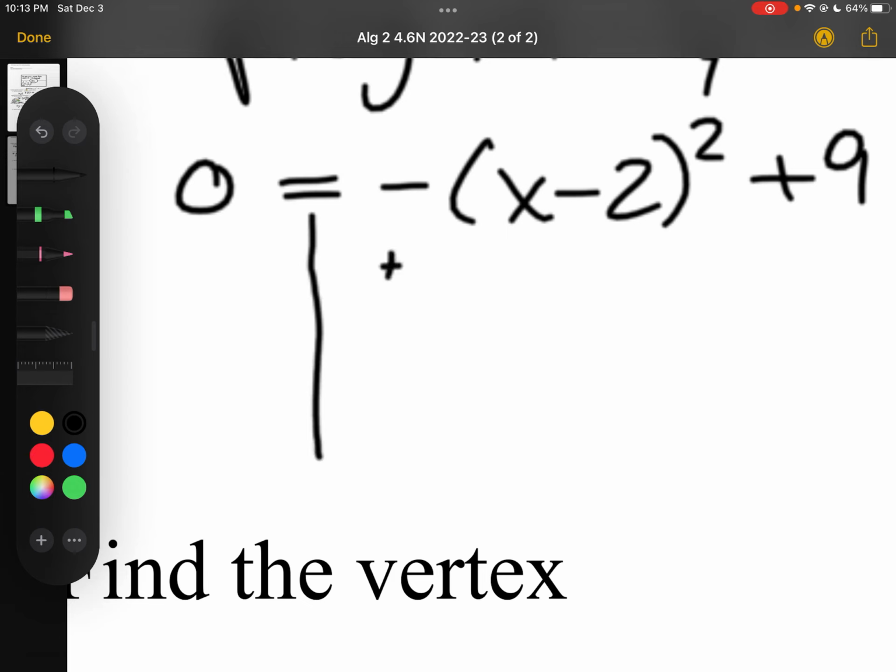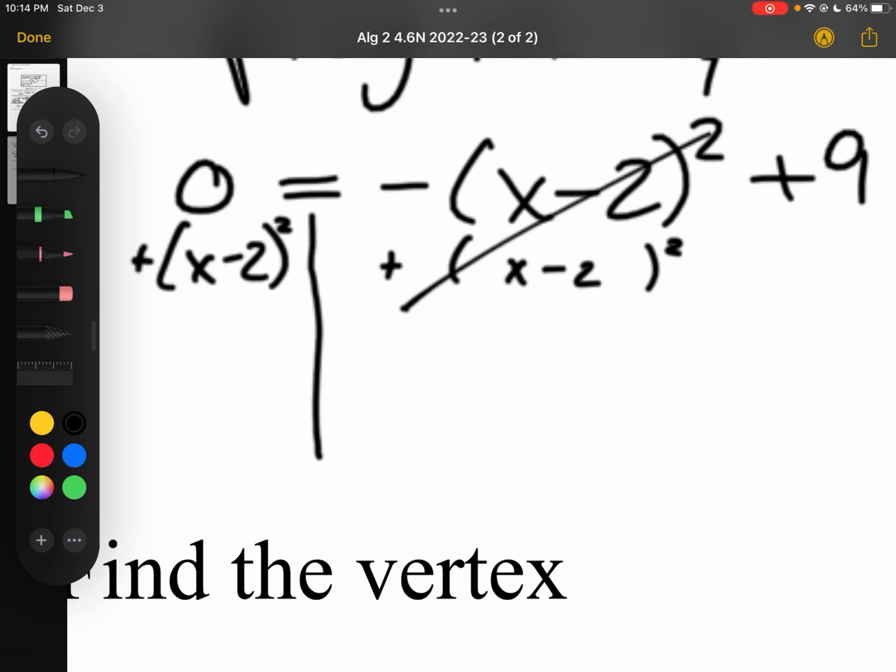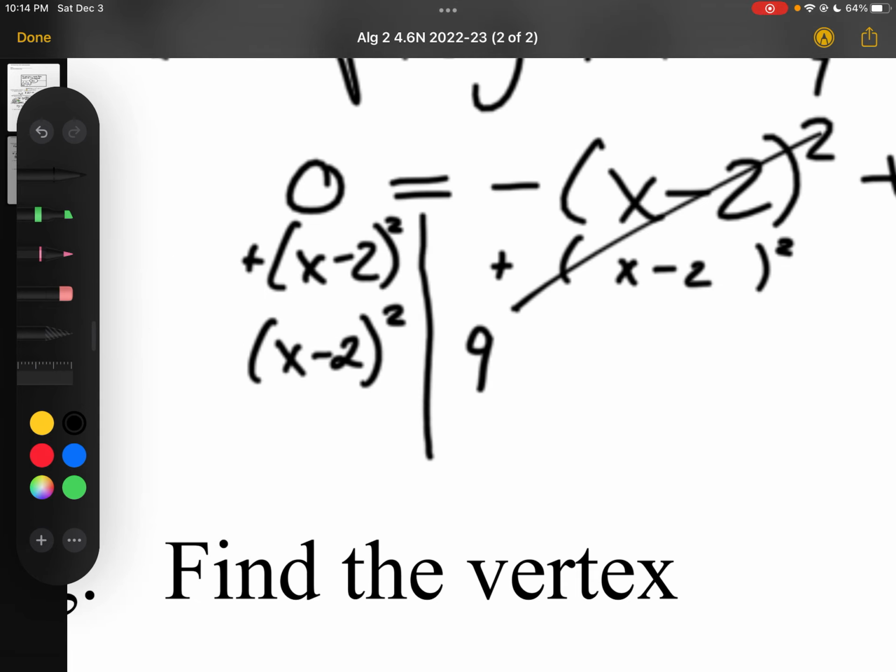So the quickest way to do this one actually is to add our entire x minus 2 term to the other side. So the exact opposite of this cancels out here. We're left with 9 on the right side, and we are left with x minus 2 to the second power on the left side. So by doing this, we can now take the square root of each side.